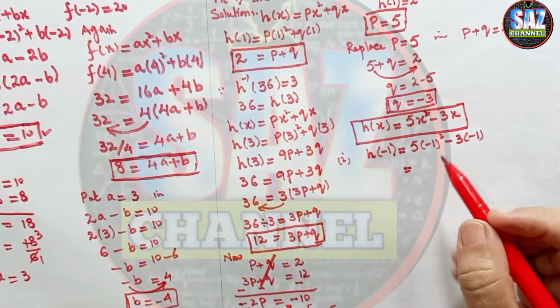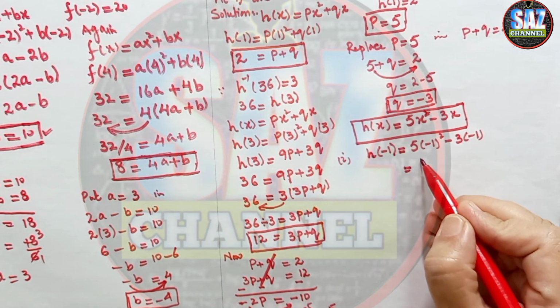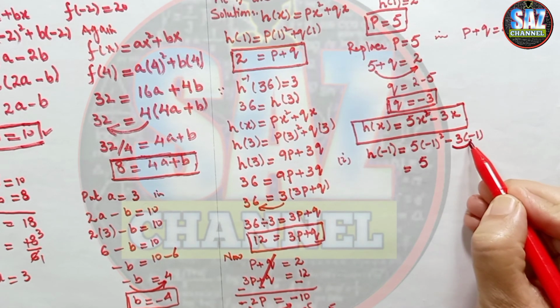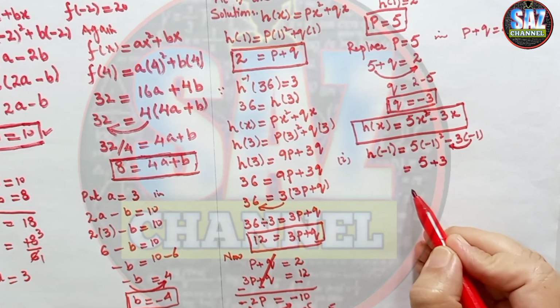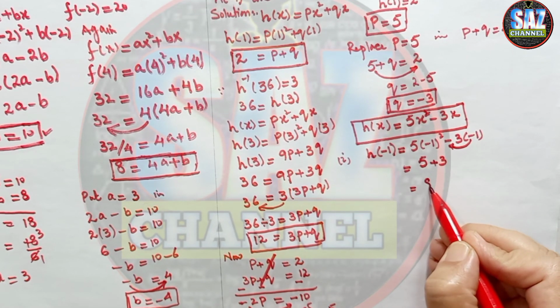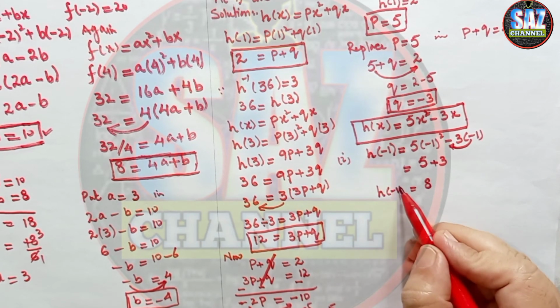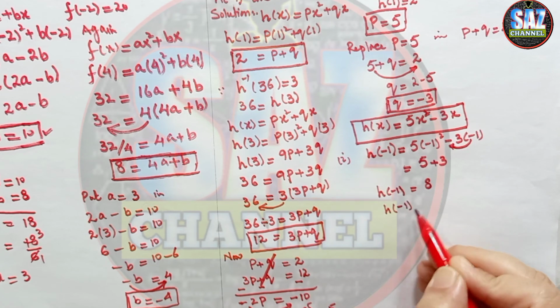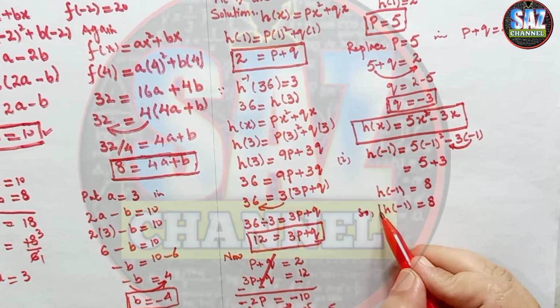When I take the square of minus 1, it will become positive, and this is 5. Minus multiplied by minus is positive, so this will become plus 3, and 5 plus 3 is 8. So this is the answer of h of minus 1. h of minus 1 equals 8, and block the answer.